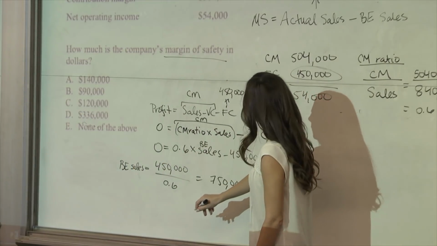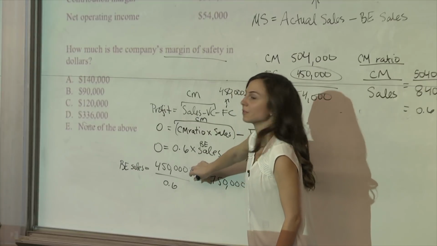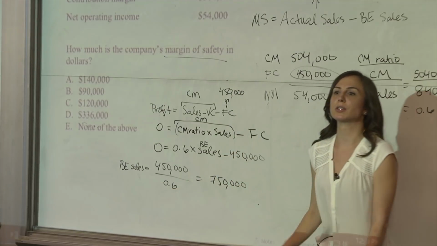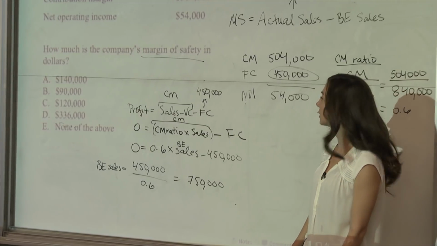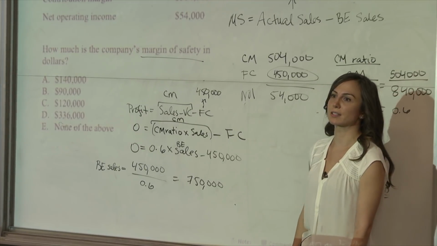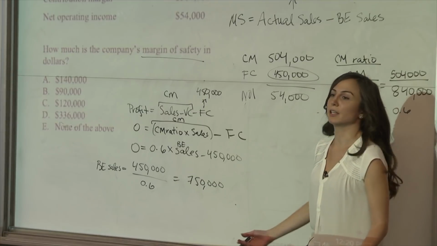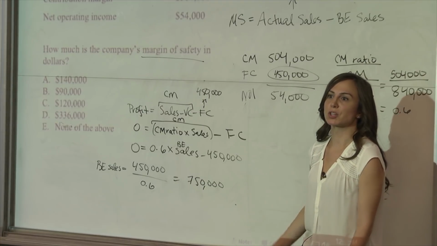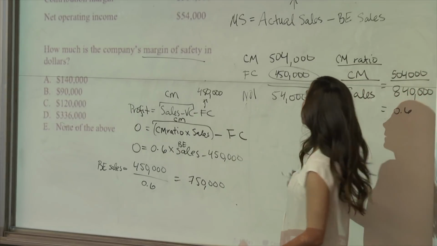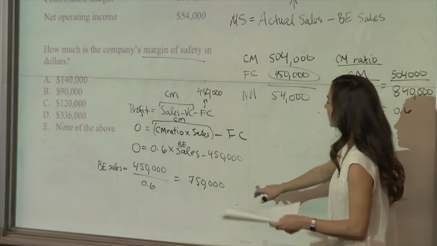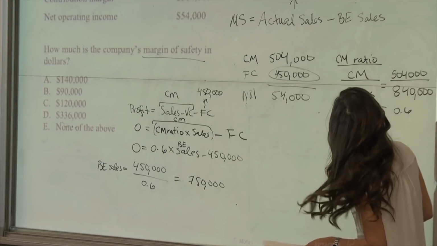Again, this is the fixed costs over the contribution margin ratio, which you'll see as one of the formulas in your textbook. I think it's better to go through the whole process, because in a case where you don't have the contribution margin ratio and that's the only formula you know, you'll be stuck. So we get break-even sales of $750,000.